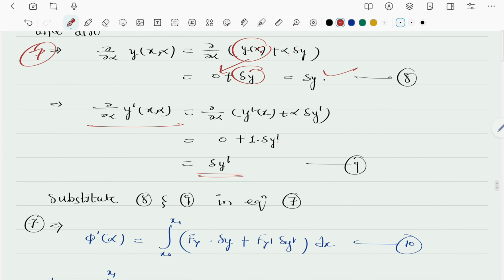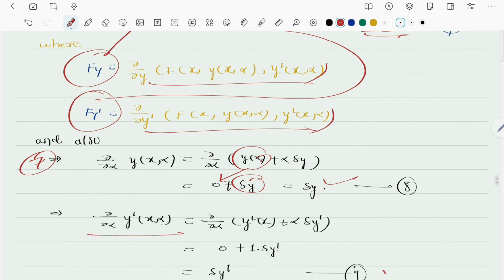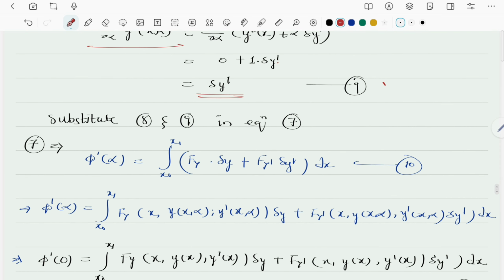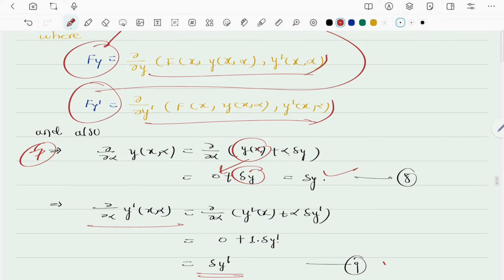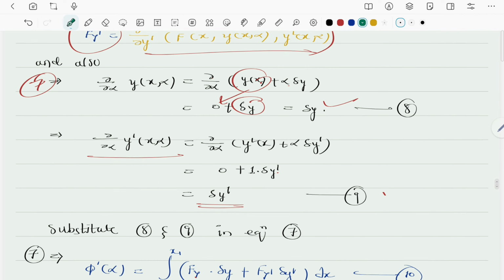Therefore, substituting the values from 8 and 9 in equation 7, equation 7 becomes phi dash of alpha equal to the integral from x0 to x1 of fy, where in place of the partial derivative with respect to alpha of y of x comma alpha, here we get delta y, and in place of the other, here we get delta y dash.